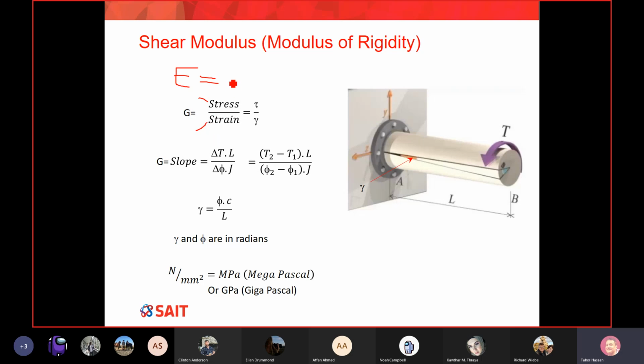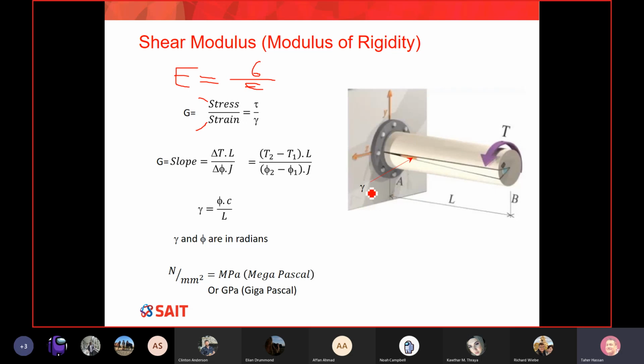Before, the stress was sigma and the strain was epsilon. Those are normal stress and normal strain. How about G? Those are shear stress and angular strain, which is equal to tau, which you know is a stress, divided by gamma, which is an angular strain.